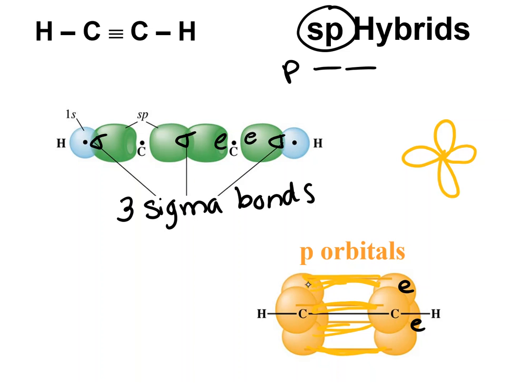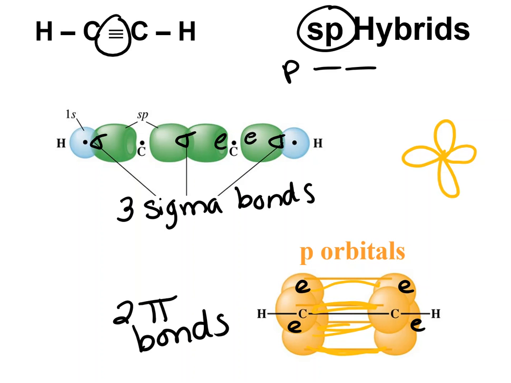This one as well has 2 electrons. So how many bonds are shown here? Well, there are 4 electrons, so that's 2 pi bonds. So notice that a triple bond is 1 sigma, this one was the sigma, and 2 pi.